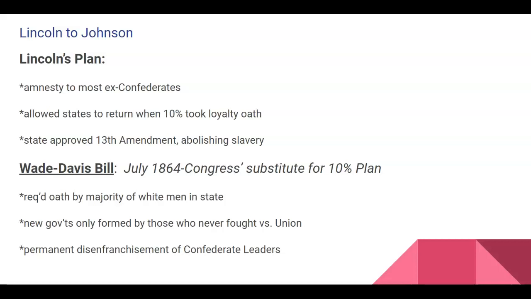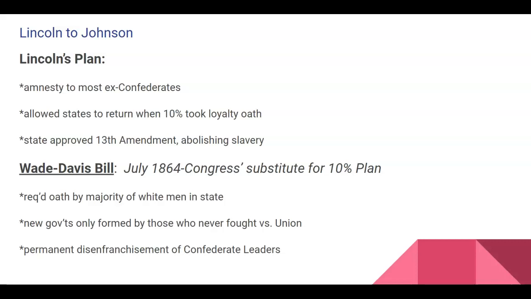You had the Wade-Davis bill in July of 1864, which was Congress's idea instead of the 10% plan. It required an oath by a majority of the white men in the state. So not just 10%, because that still means you've got 90% that say that they're not loyal. So they wanted a majority of the white men in the state to pledge loyalty, and that the new governments only could be formed by people who had never fought against the Union.